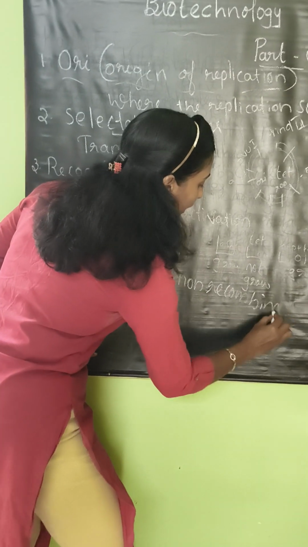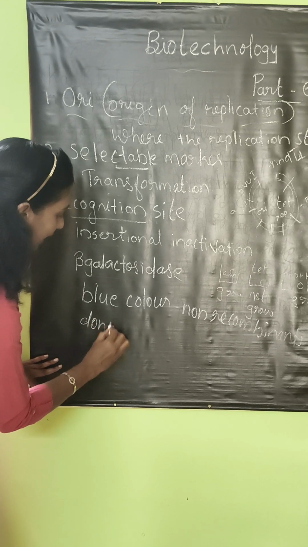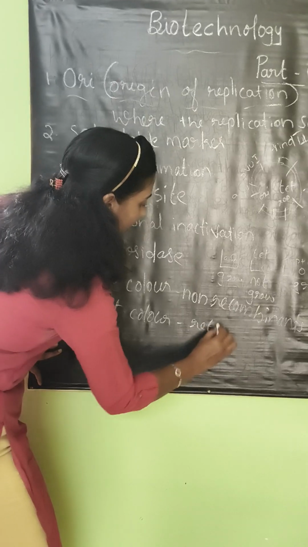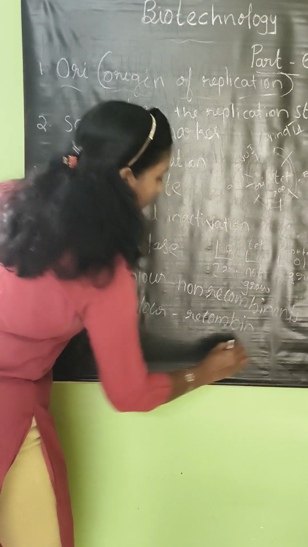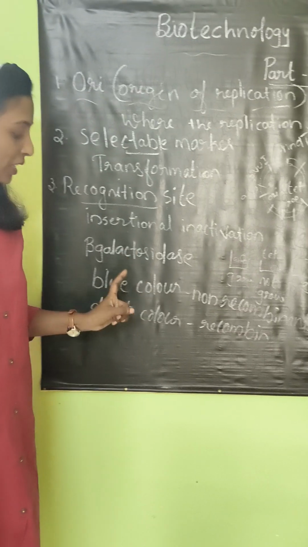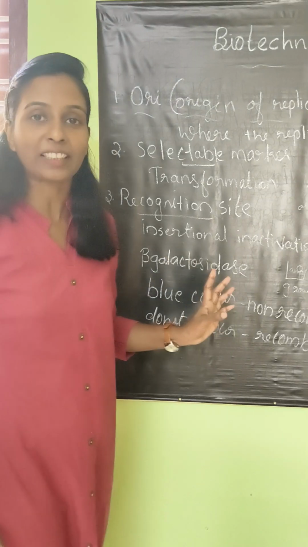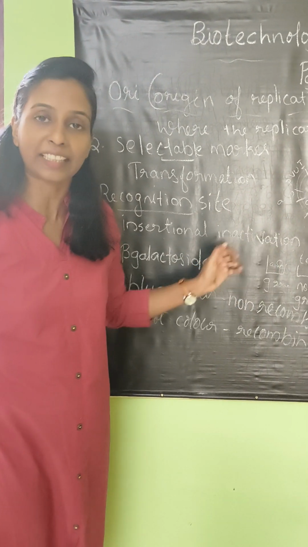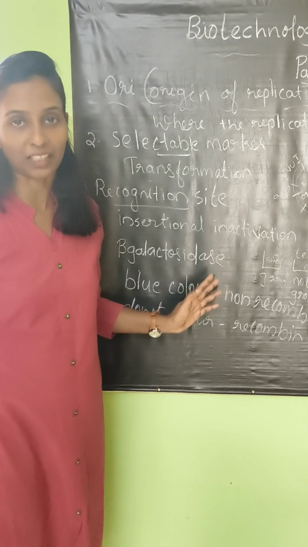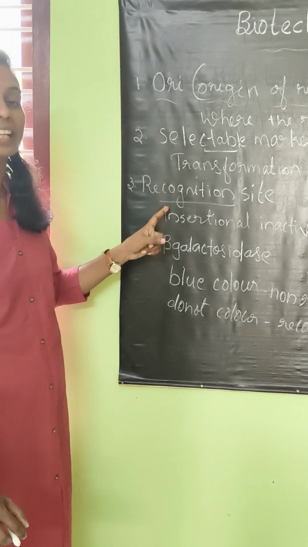If it does not produce any color, or is colorless, then we can say recombinant. So with the help of beta galactosidase and the color, blue or colorless, we can identify the recombinants and non-recombinants, select the recombinants, and permit their growth. So this is the second feature, that is the recognition site.